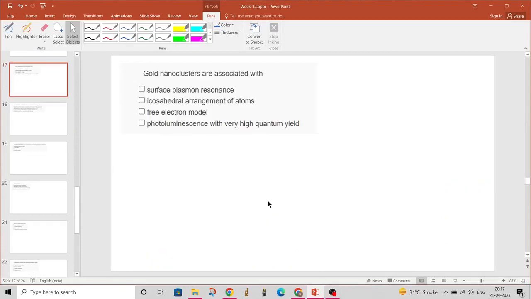The next question is, gold nanoclusters are associated with surface plasmon resonance, icosahedral arrangement of atoms, free electron model, photoluminescence with very high quantum yield.